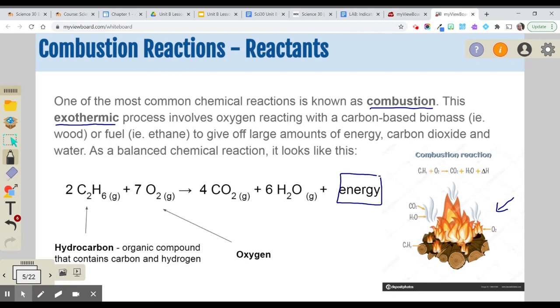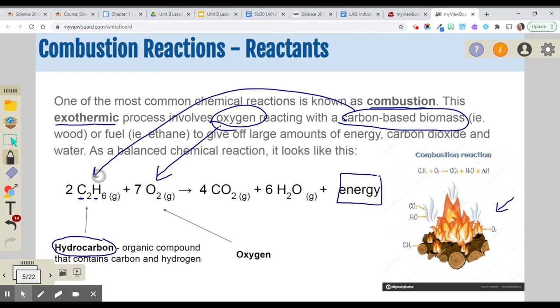Now, in this example here, for this reaction, we have a hydrocarbon. And a hydrocarbon is something that's made of hydrogen and carbon. And that's all that's in that compound, hydrocarbon. For combustion to happen, it must have oxygen. Okay, so a combustion reaction involves oxygen and some kind of carbon-based biomass. And in this case, it is ethane.